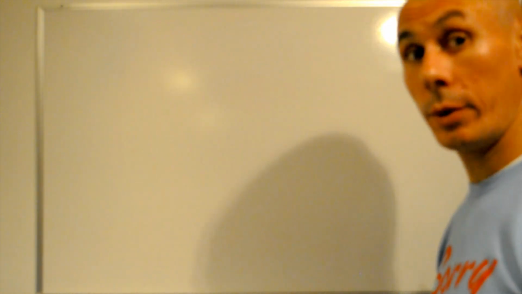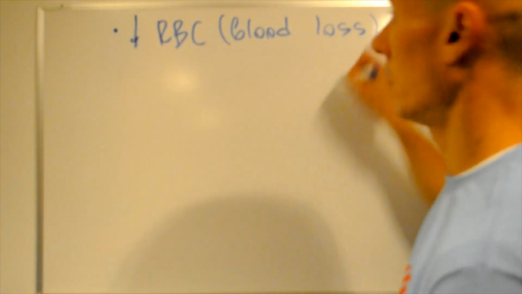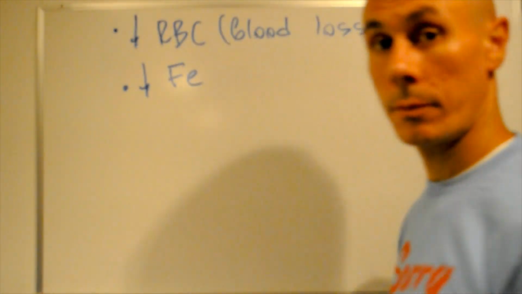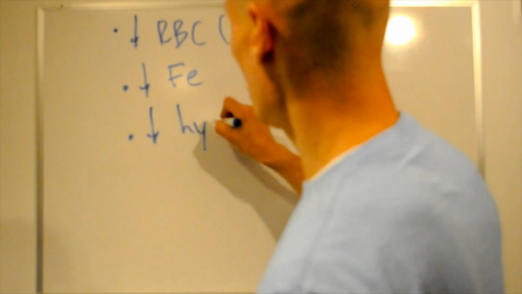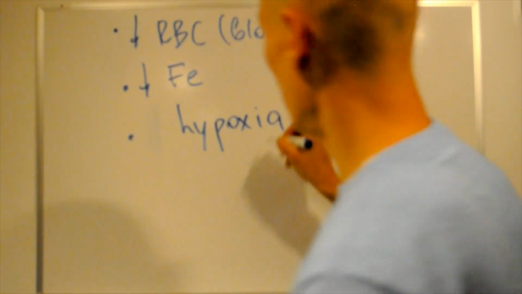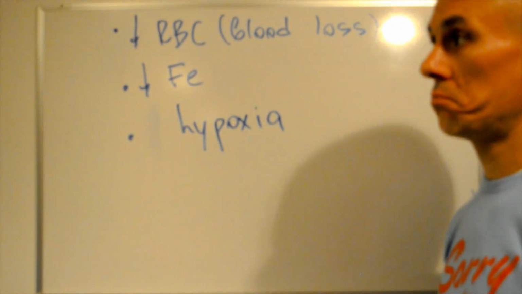So what can be stimuli for erythropoiesis? Well, obviously the main stimulus will be a low amount of red blood cells, let's say blood loss, iron deficiency, and hypoxia.